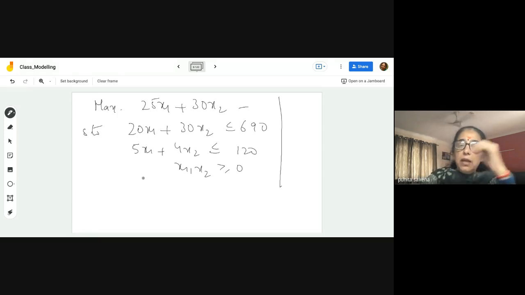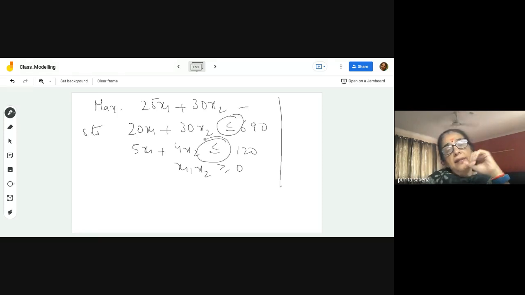Graphically it was still easier to handle the inequalities, but graphically or algebraically we have to convert the inequations into equations at any cost, otherwise we cannot handle it. This is an inequality. I cannot just straight away remove this less than or equal to sign and say let it be equal.